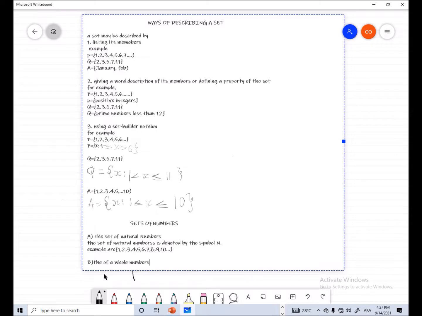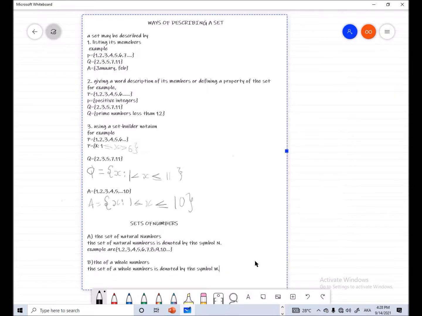The set of whole numbers is denoted by the symbol W.